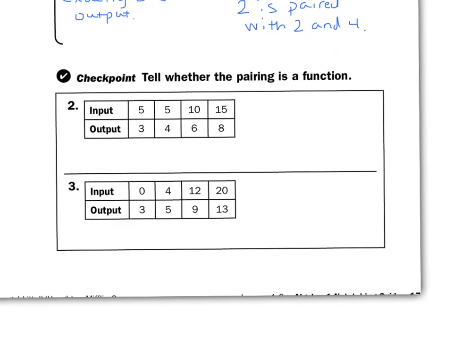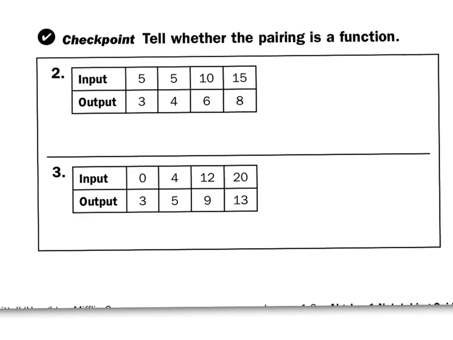So again, pause while you work on your checkpoint. Number 2 is not a function because you have a 5 paired with a 3 and a 5 paired with a 4. You cannot do that. Not a function.